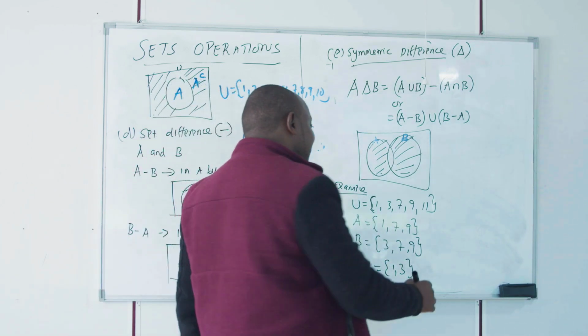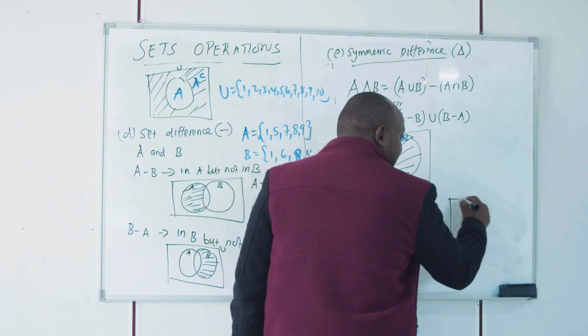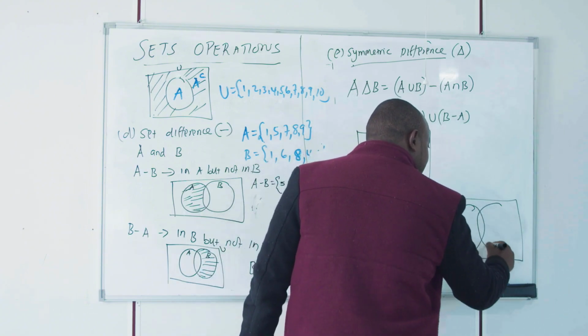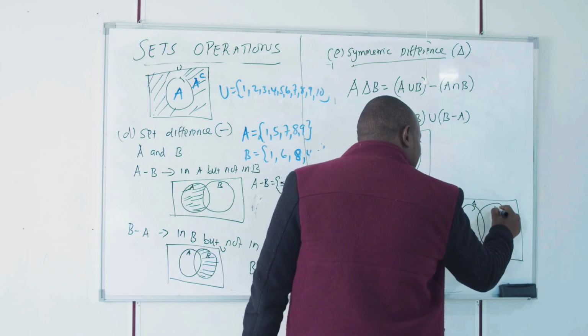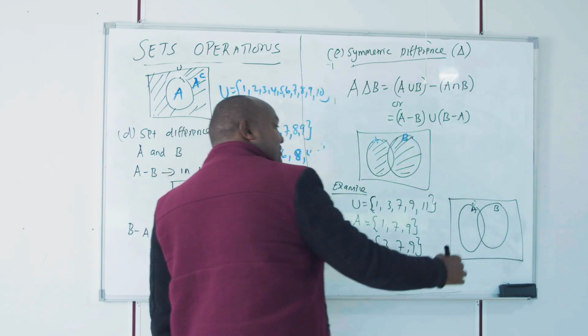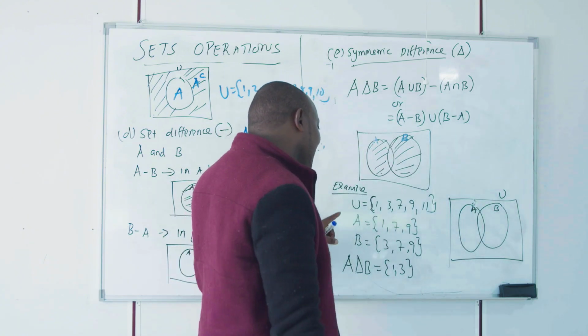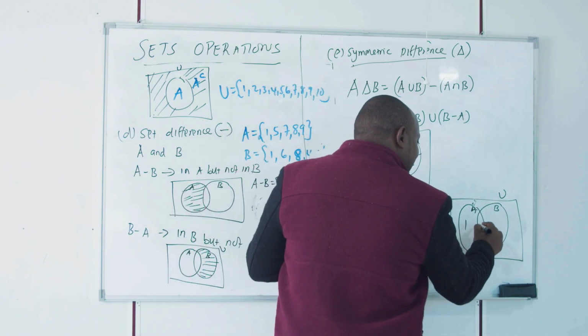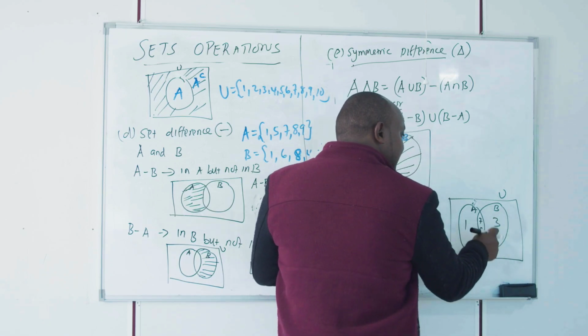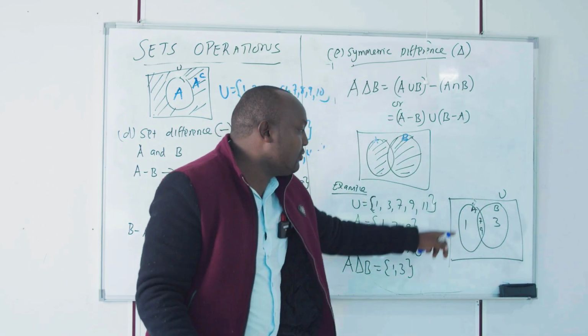So if you are to represent this one in a Venn diagram, we have set A and B. Let me write inside A and B, and we have our universal set. So A has 1, 7, 9, and B has 3, 7, and 9. You can see 7 and 9 are common in both cases.